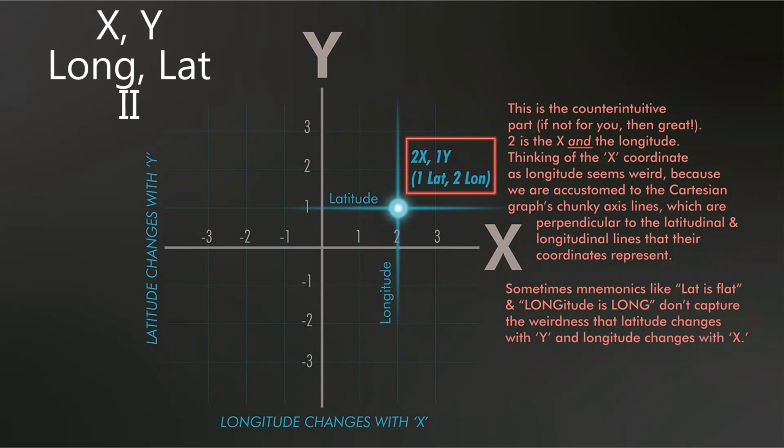We cannot have more than 90 y degrees. No more than 90 latitudes, no less than negative 90 latitudes. Our graph is constrained to a maximum y value of 90 and a minimum y value of negative 90. Longitude's the same, just to the 180 line.